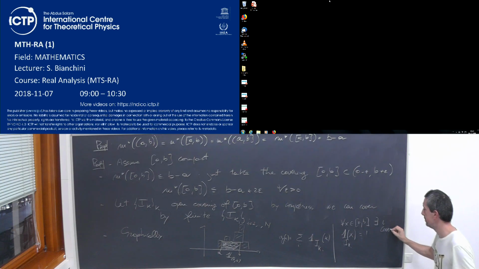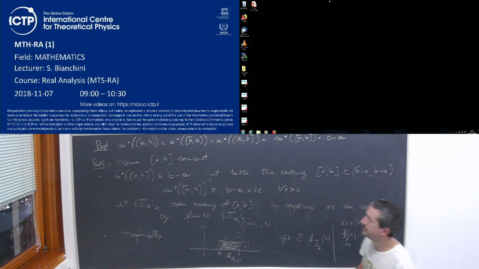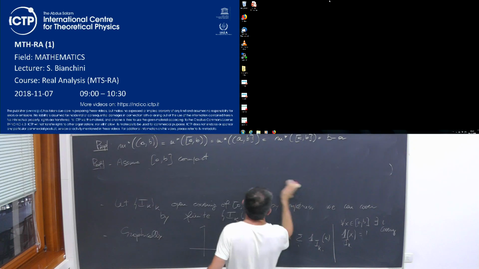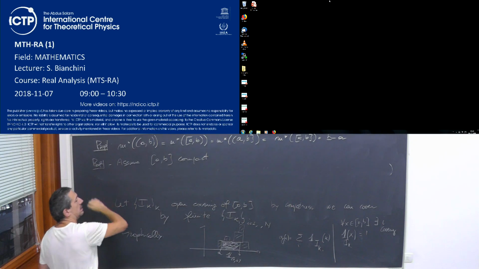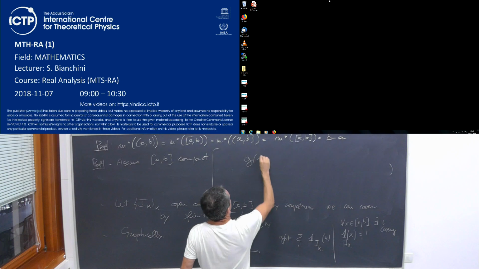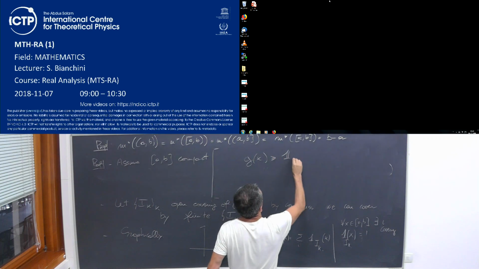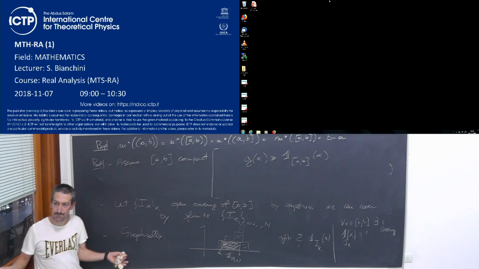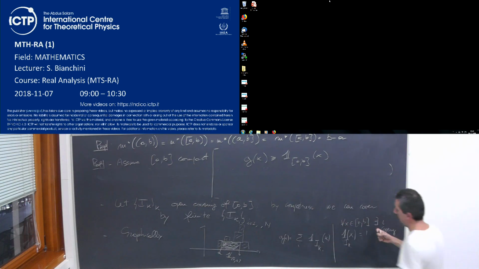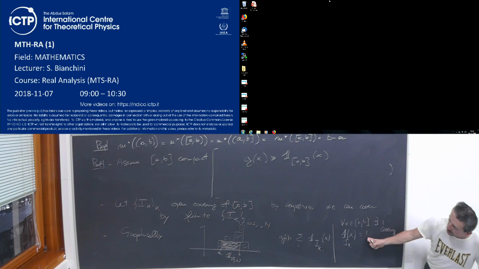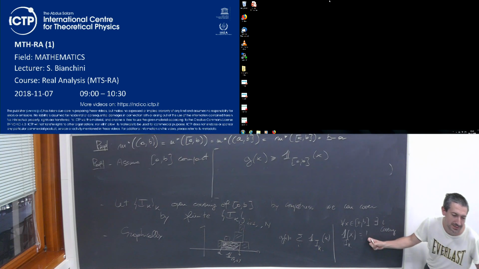So this means that g of x is greater or equal than the indicator function of (A, B). You agree with this? Yes, because the definition of covering is equivalent to saying that each x belongs to an interval, which means this is 1. Now the sum of this is greater or equal than 1.